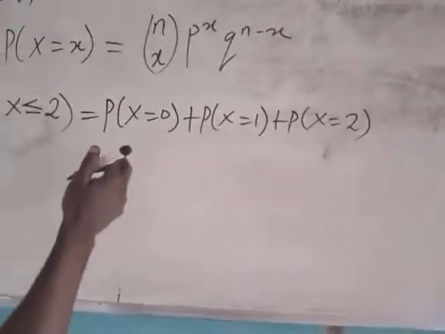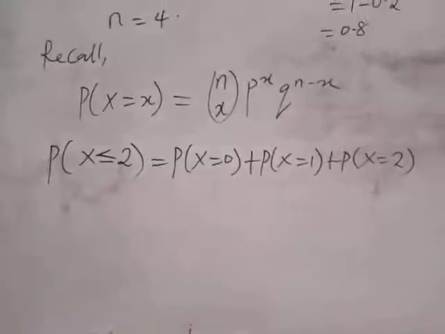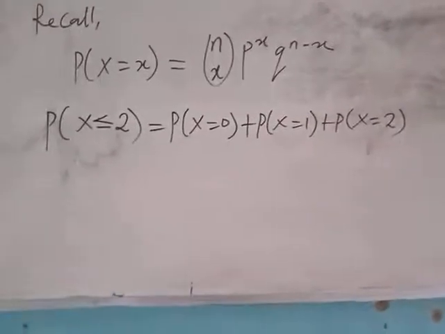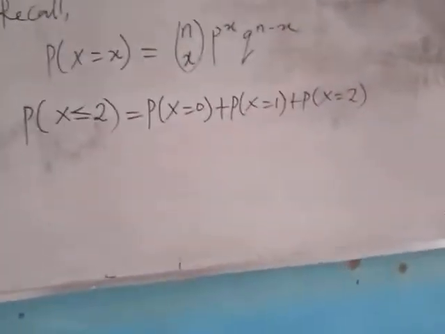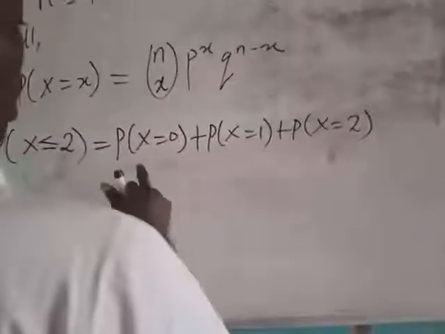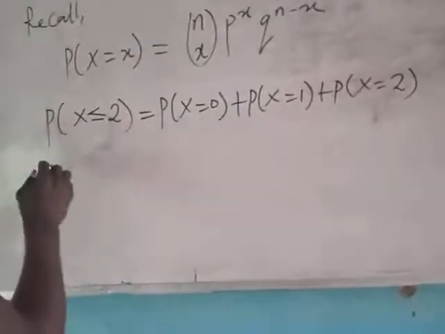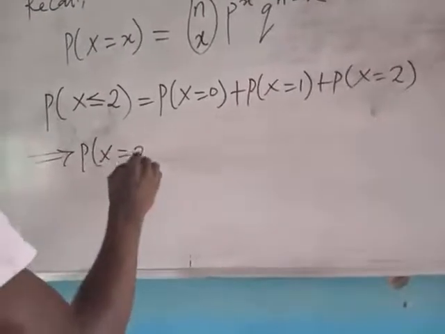We've calculated the probability of x equal to 0, that's the first thing we did from question 2. We've also calculated the probability of x equal to 1, which is in question 1. So now let's calculate the probability of x equal to 2. Then we can easily add this to this.